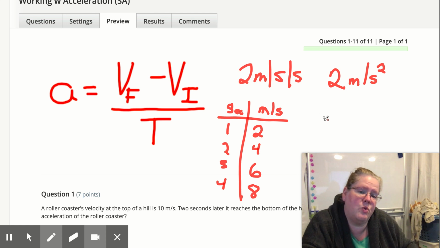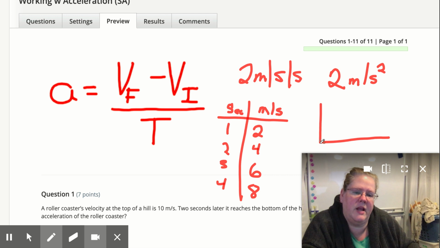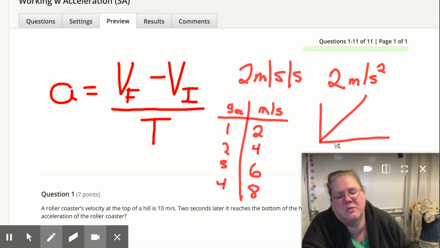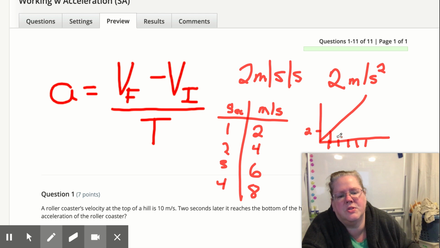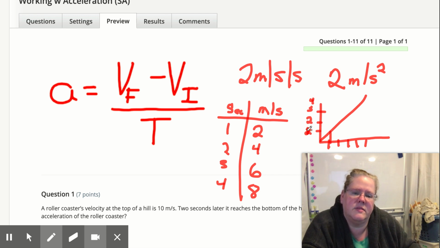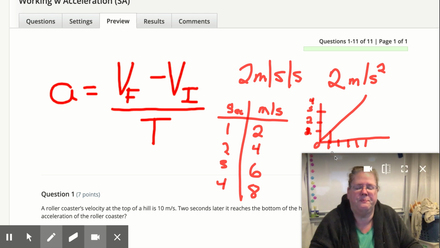If I were to graph that, that's a pretty linear acceleration, right? I don't know if that's perfect, but it's pretty close. I suppose I should go through and plot it and see. There's 1 second, and this would be 2. Here's 2 seconds, and that would be 4, and then 3, and then 4. We'd plot our points, starting at, of course, 0.